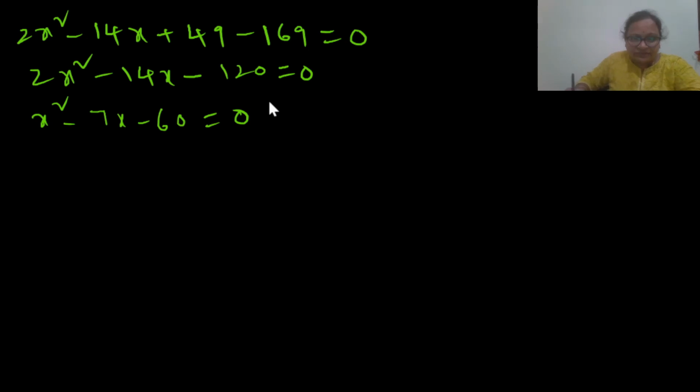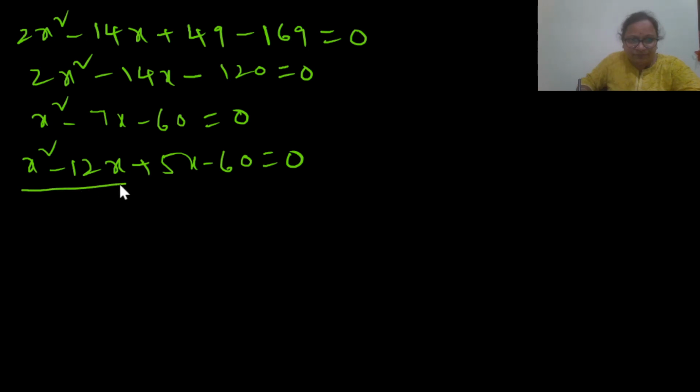So factors of 60, middle term is 7: 12 fives are 60. x square minus 12x plus 5x minus 60 is equal to 0. x is common here, x minus 12 plus 5, if you take as common factor, this is also x minus 12.